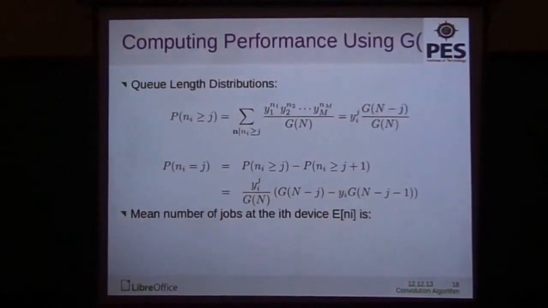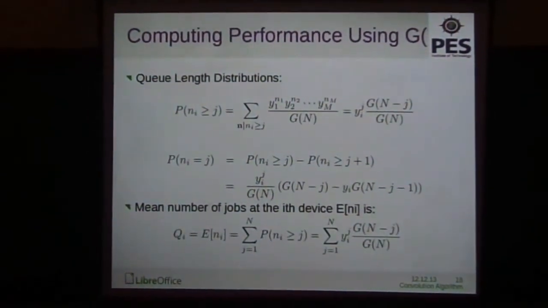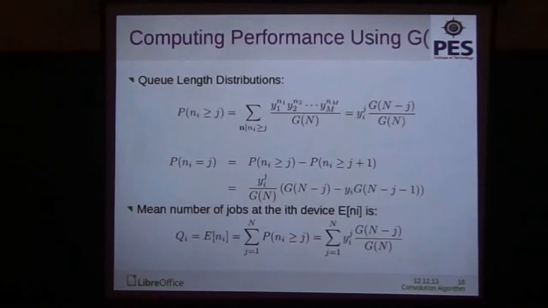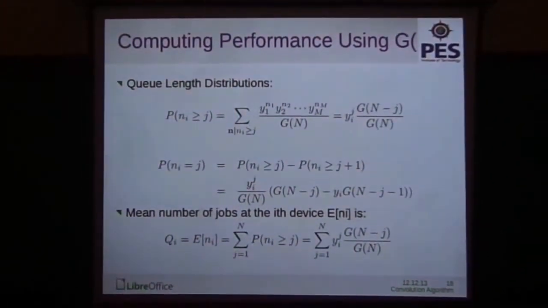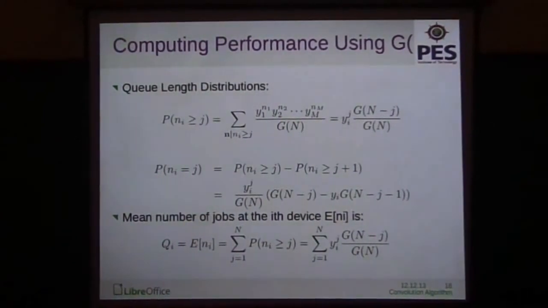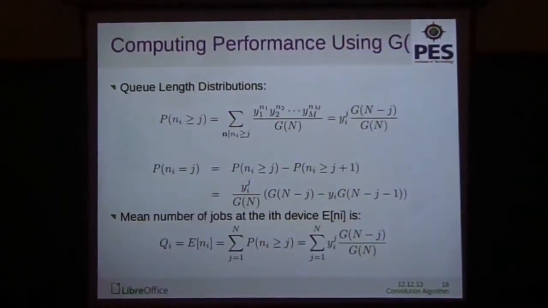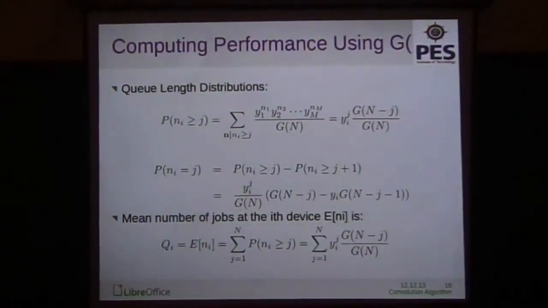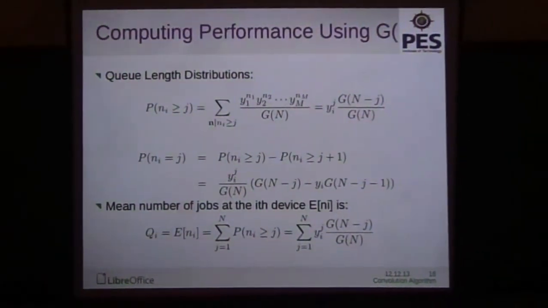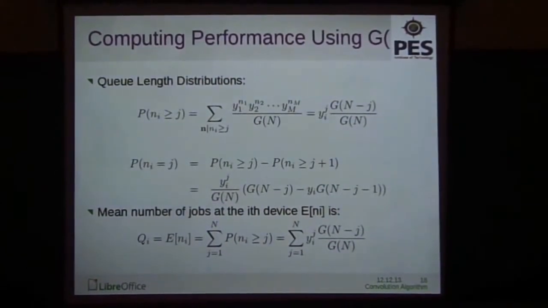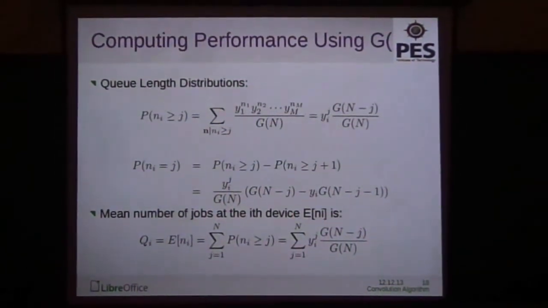The mean number of jobs at the ith device, expectation of n_i, is given by qi equals E of n_i equals summation of j equals 1 to n, probability of n_i greater than or equal to j, equals summation of j equals 1 to n yi to the power j g of n minus j by g of n.